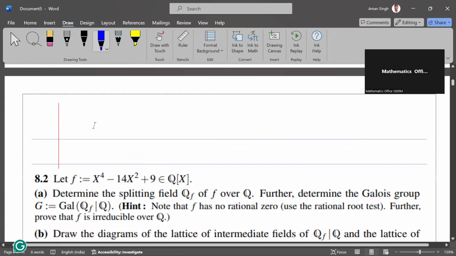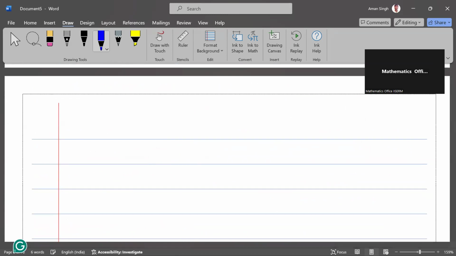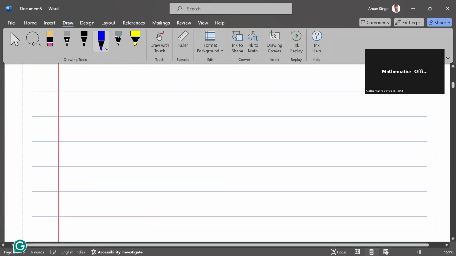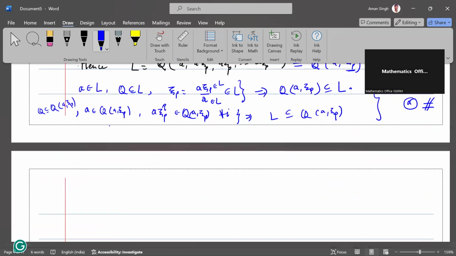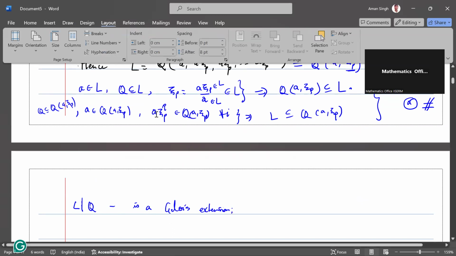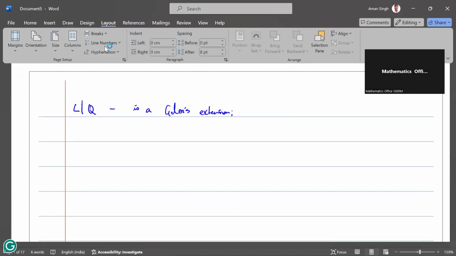Then only we can see that this is a Galois extension. So the question is whether the extension L over Q is a Galois extension. How to see that?